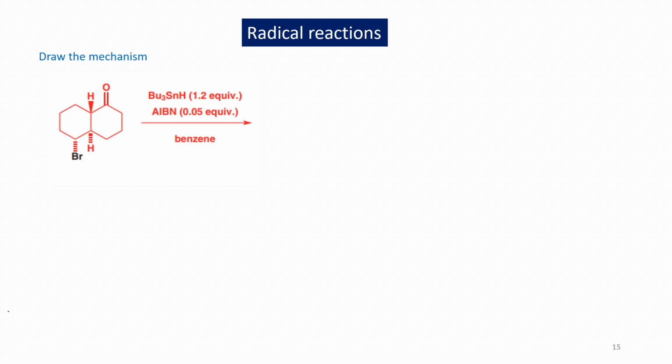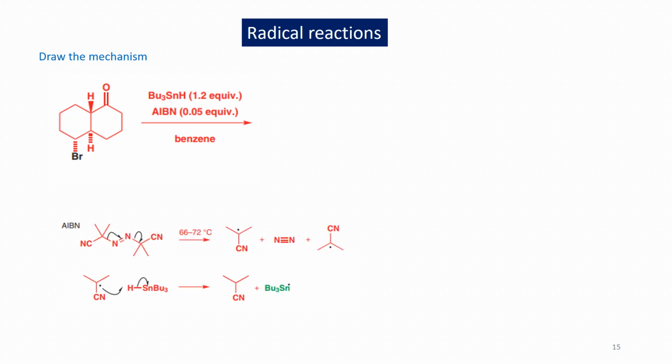I'll just give 5 seconds. For the idea, I'll just give how these reagents will behave. This AIBN is the type of reagent which undergoes homolytic cleavage and forms these two radicals, and this N2 gets removed.